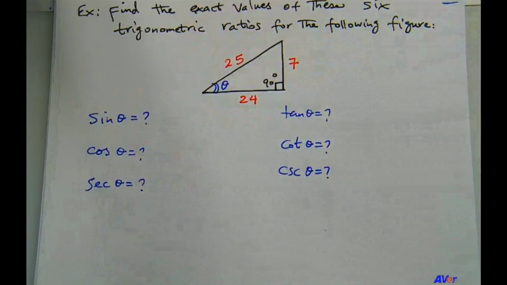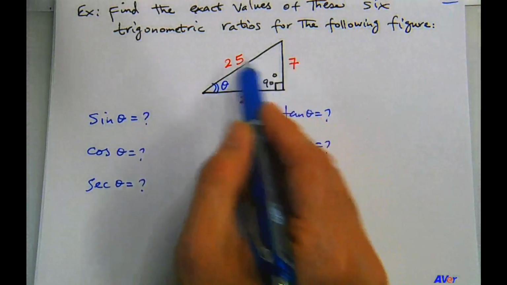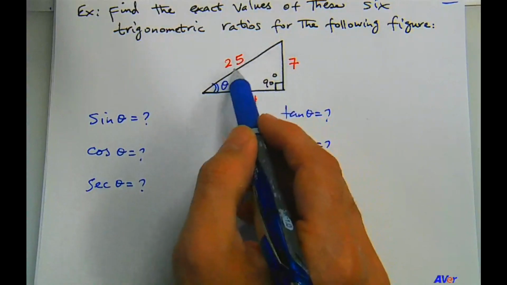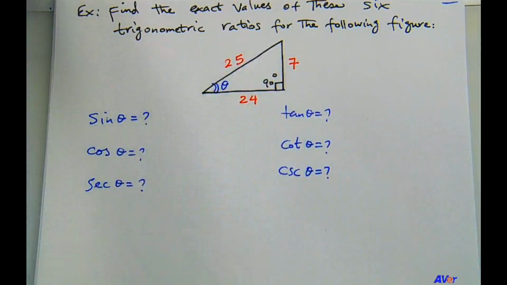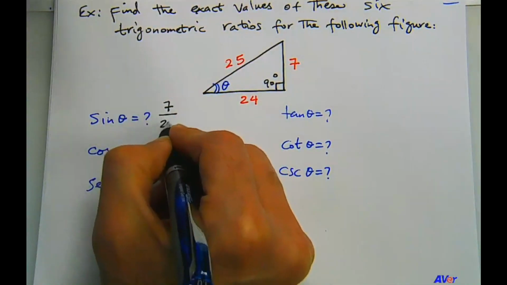So I recommend that. All right, so sine of theta would be the opposite side divided by the hypotenuse, or y divided by the hypotenuse. So this would be 7 divided by 25.